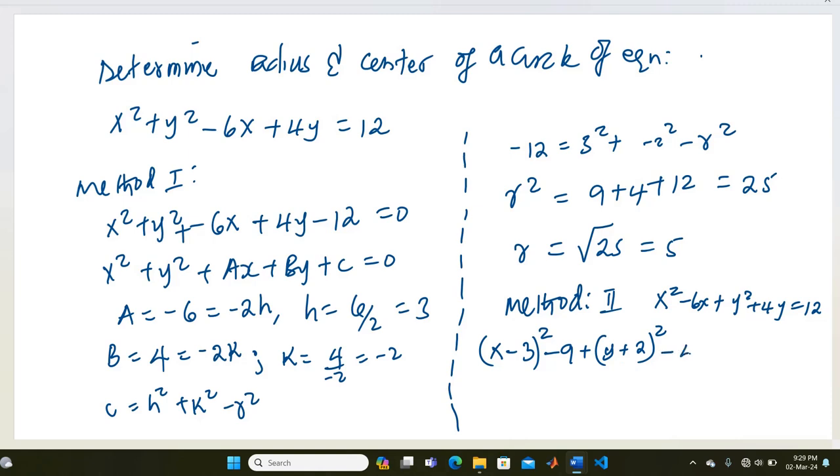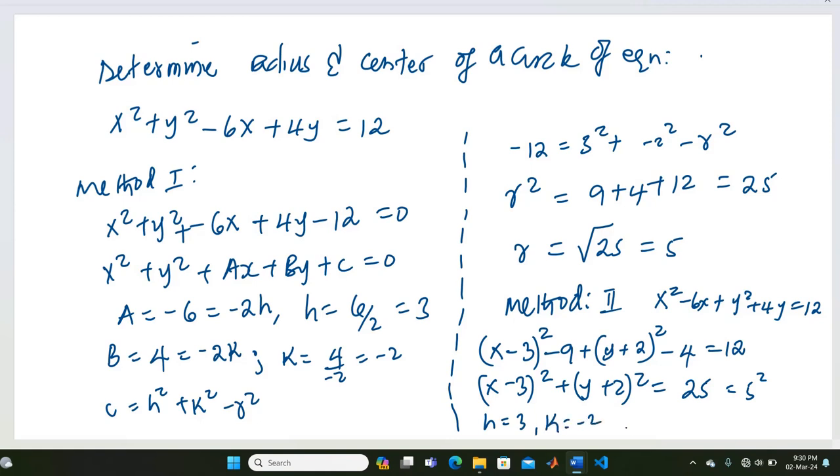So what does that mean? I'll have x minus 3 squared plus y plus 2 squared equals 25, which is equal to 5 squared. It leaves you with h equal to 3, k equal to negative 2, which means your center C will be 3, negative 2, and r will be 5 units, which agrees with the first method.